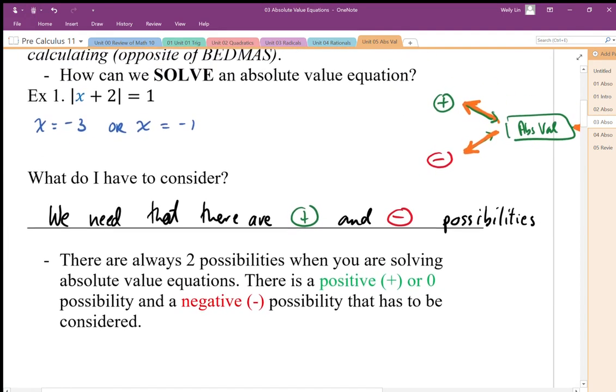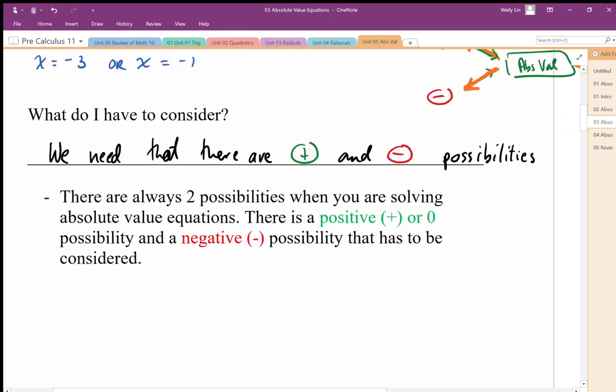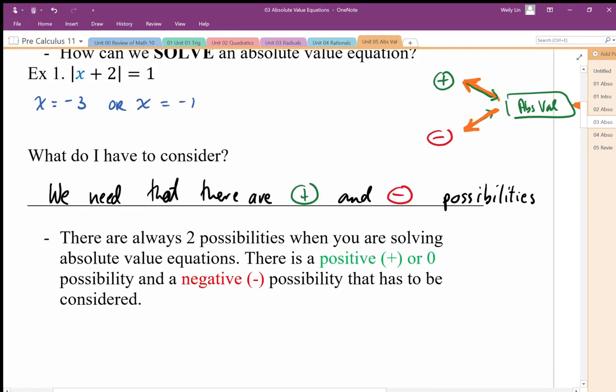So this is important. How do I do this algebraically? I'm going to solve this equation. I start with the absolute value of x plus 2 equals 1. To solve, or undo, it looks like this.